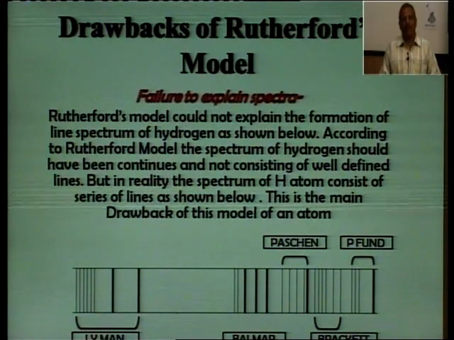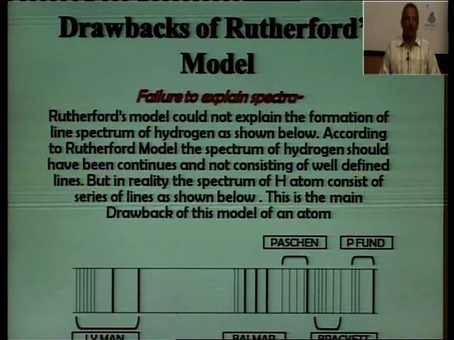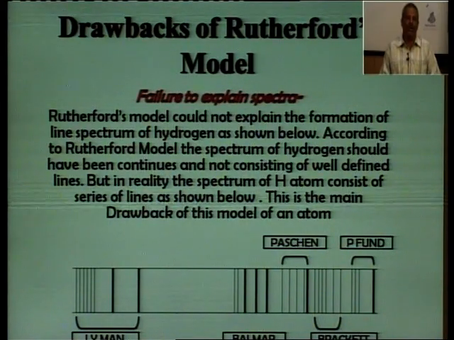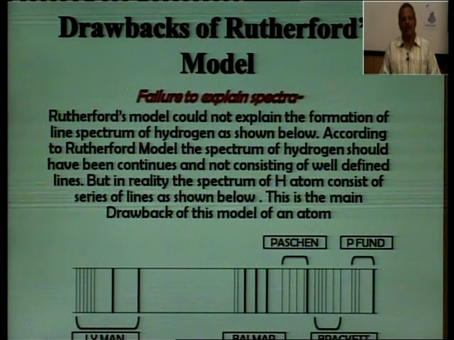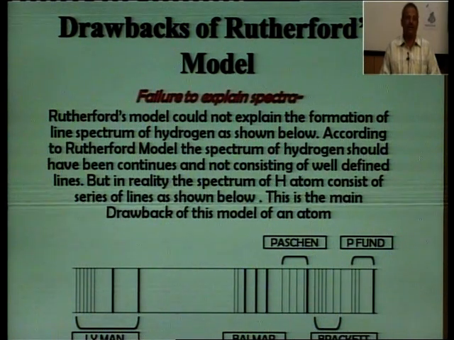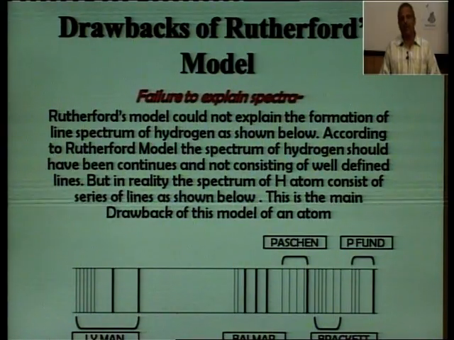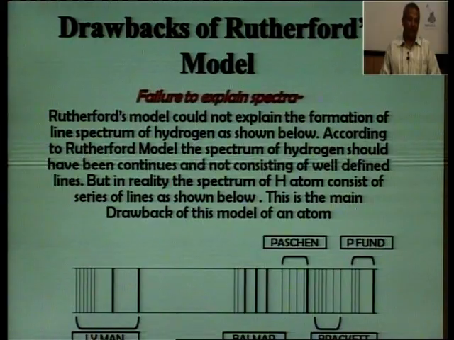According to the Rutherford model, the spectrum of hydrogen should have been continuous and not consisting of well-defined lines. But in reality, the spectrum of the hydrogen atom consists of a series of lines. This is the main drawback of this model of an atom.